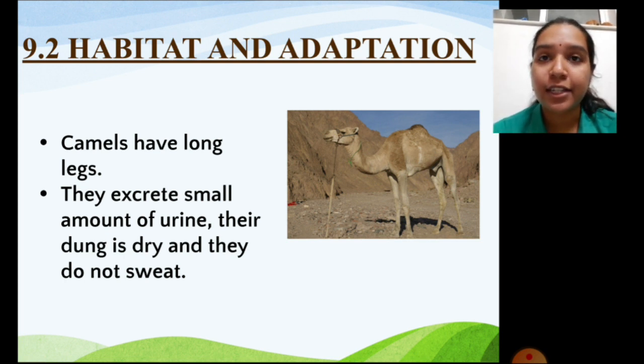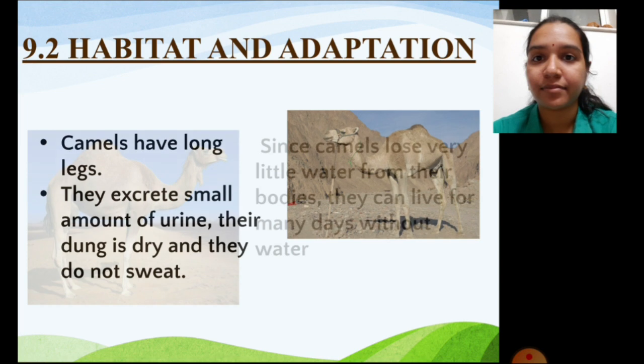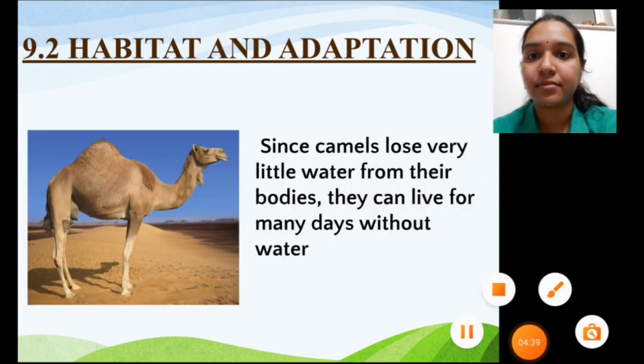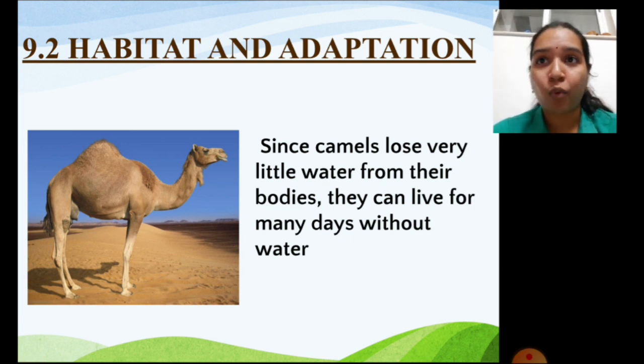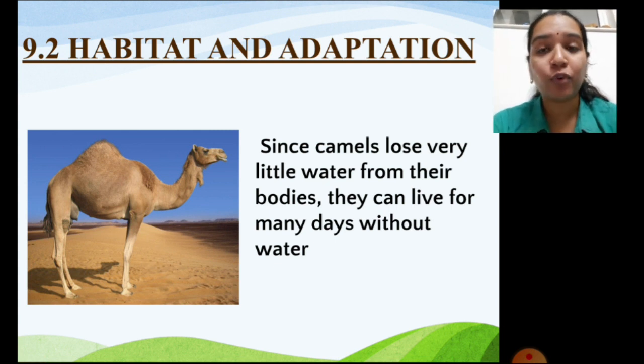That means they do not allow water to get wasted out of their body. And since the camels lose very little water from their bodies, they live for many days without the need of water.